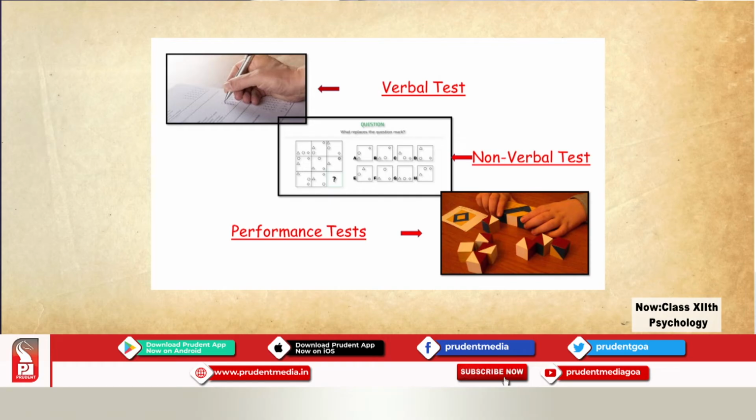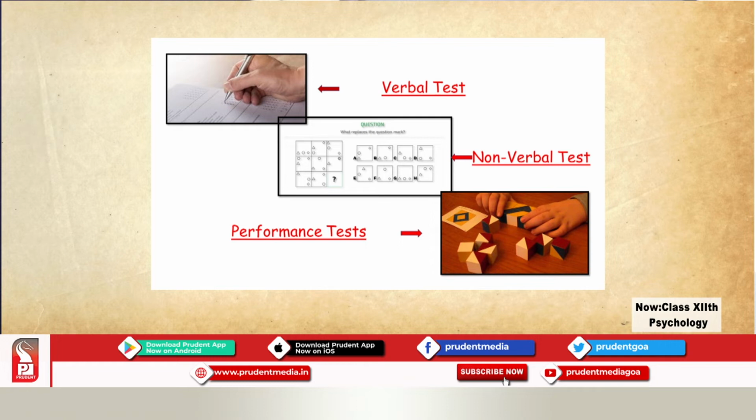And the performance test that you can see over there, the example given in your text is the Koh's Block Design Test. So, basically in a performance test there are some objects that are given and you have to do something with those objects as per the instructions given. In this particular case there is an image, if you can see, given over there of one shape and you are given many blocks and you have to look at that image and create the same design with the blocks that you are given. The blocks will be of different colors and everything.